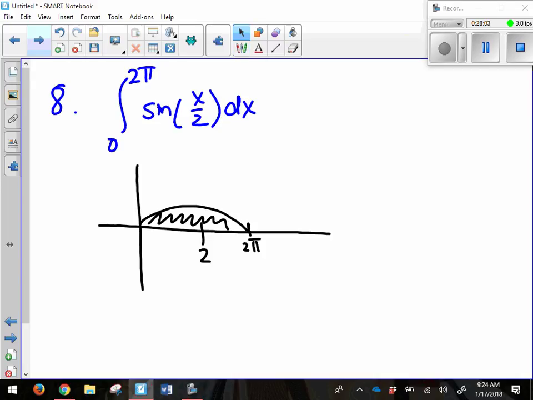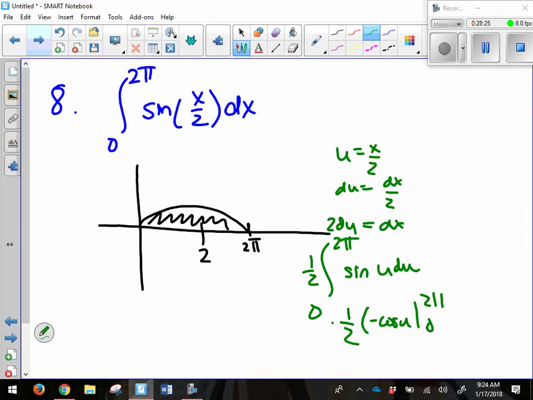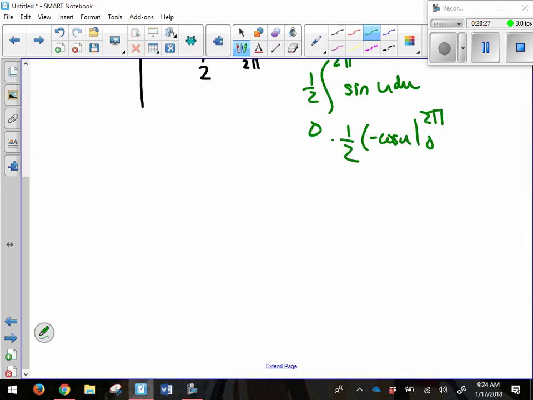I have 4 written down. Well, that's not going to work. Oh, no, it shouldn't.